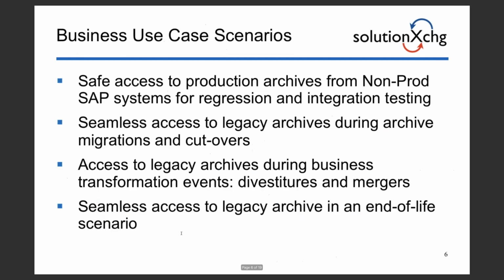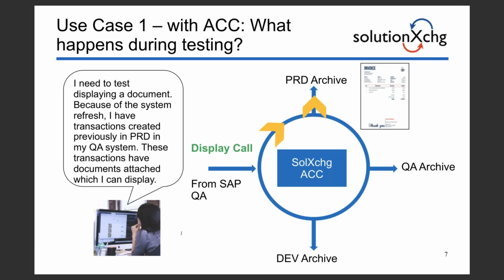Now, for that very first use case, safe access to production archives from non-prod systems, let's look at some of the scenarios. What happens when you test with the ACC? What happens during testing? So the user says, I need a test document. I need to display a document.